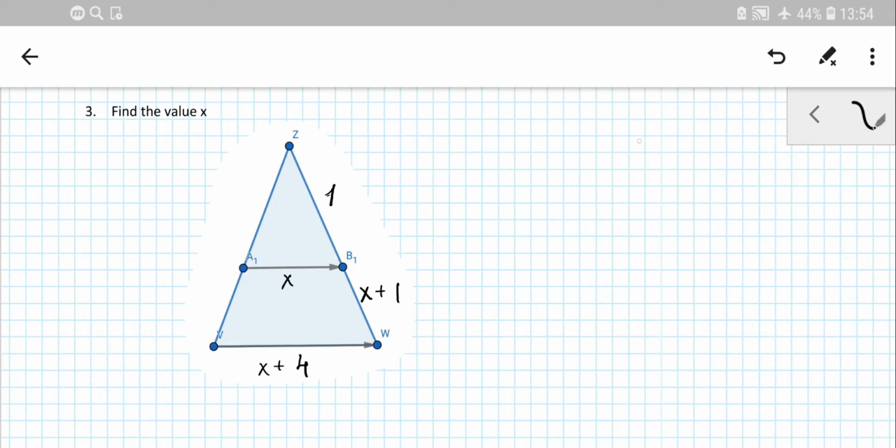So we can state that the big triangle VZW is similar to the triangle A1, B1, and Z, the small one.